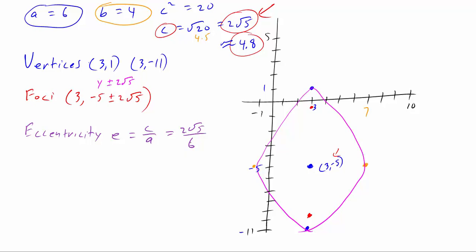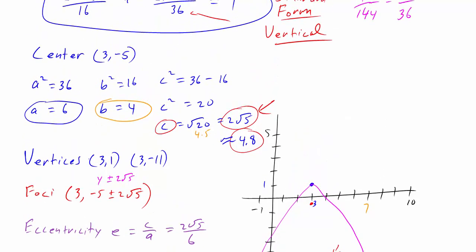And if we were to put this into the calculator, this would be approximately 0.75. And that's closer to 1, so you notice here we do have a little bit more of an elongated shape as opposed to more of a circle.